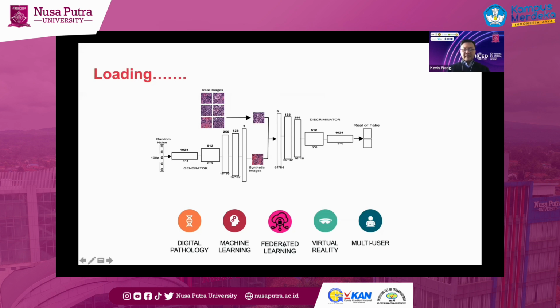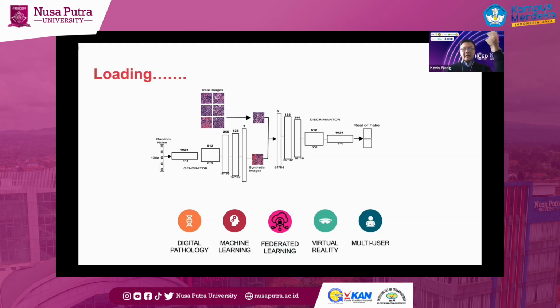Again, this one we have more or less published the paper. Of course, the other thing that we are working on is virtual reality and multi-user. We want the human in the loop, which means the machine and human work hand in hand. But we realized that over the past 2.5 years it has been a bit of a challenge because of COVID. A lot of pathologists have to work remotely, so now we look into how to bring them into the virtual world.